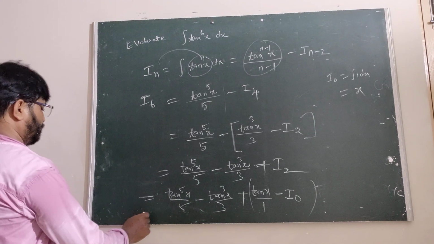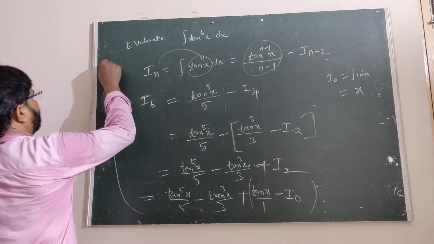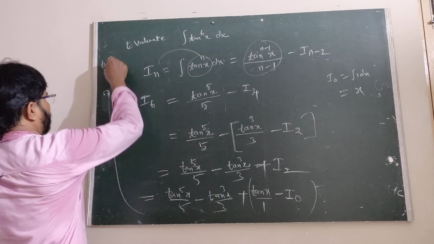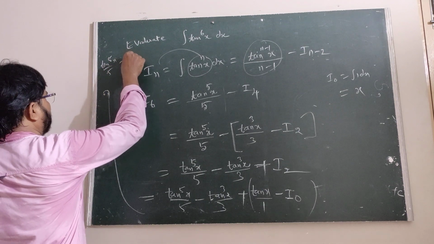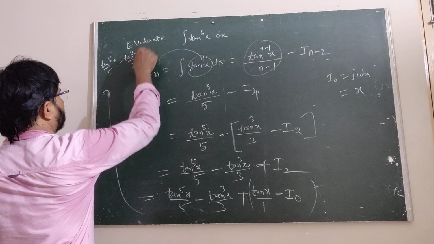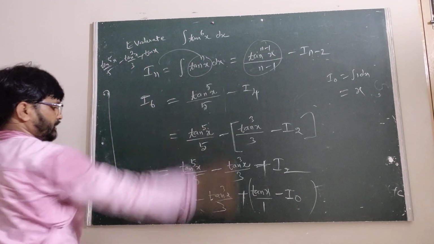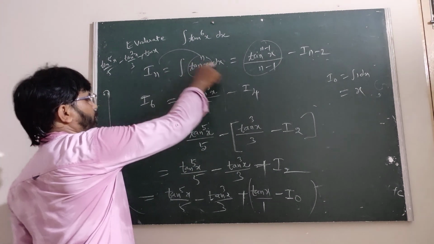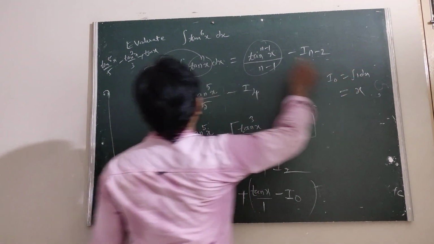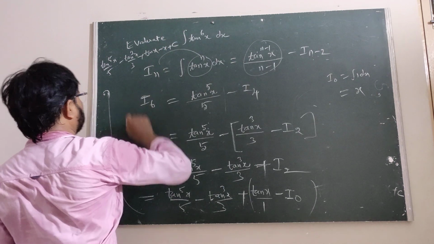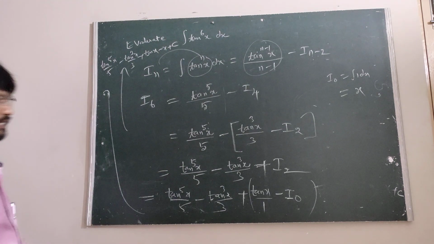This is tan power 5x by 5 minus tan cube x by 3 plus tan x minus x plus c. I0 is tan power 0, which is 1, into dx is x, that is minus x plus c. This is the value of I6.